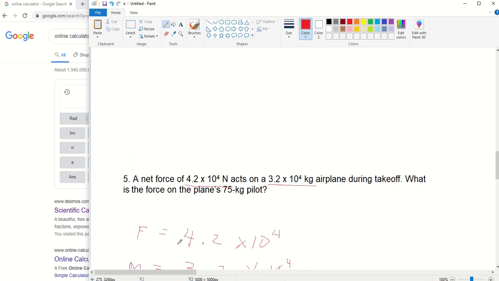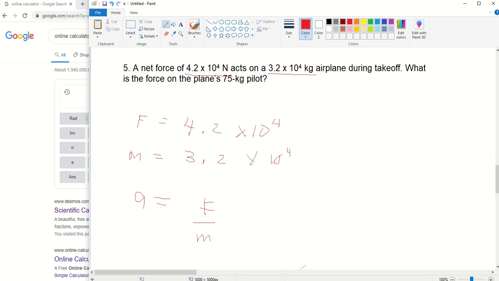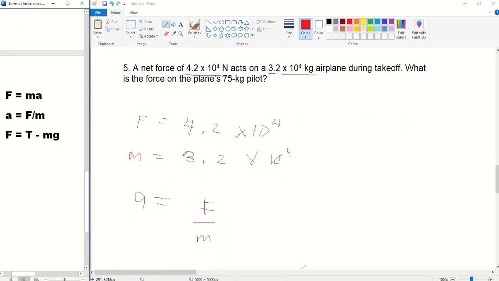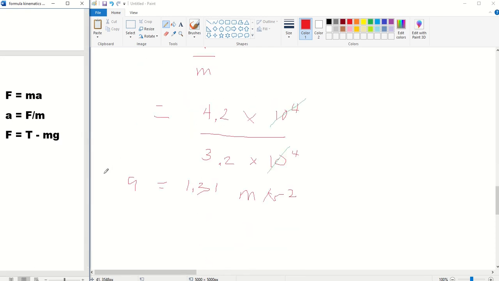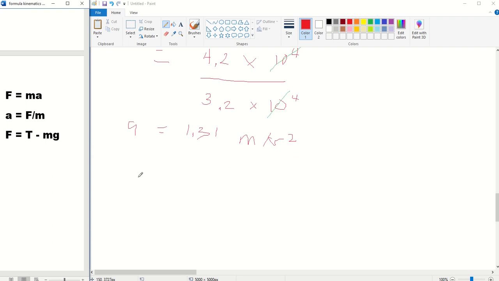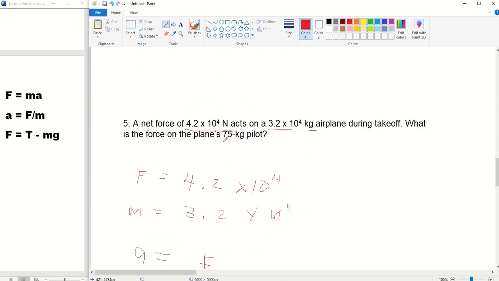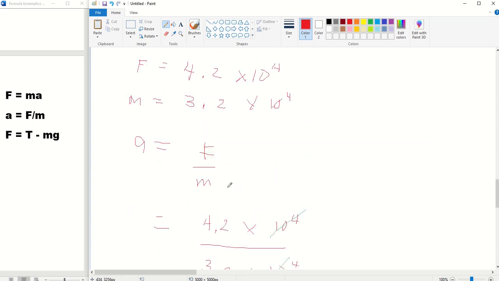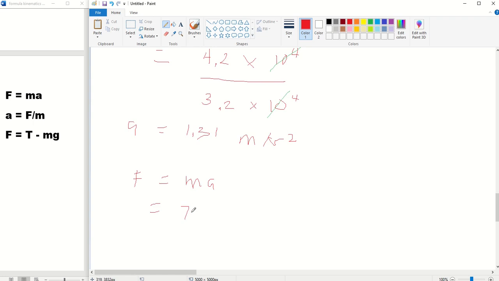Since meron na tayong acceleration, pwede na nating hanapin yung force dun sa pilot na mayroong timbang na 75 kilograms. Ano ba ang formula for force? Ang formula for force, well, mass times acceleration. Ano ba yung mass na gagamitin natin? Dito naman, ang gagamitin na nating mass ay yung mass ng pilot, which is 75, and then yung acceleration na 1.31.